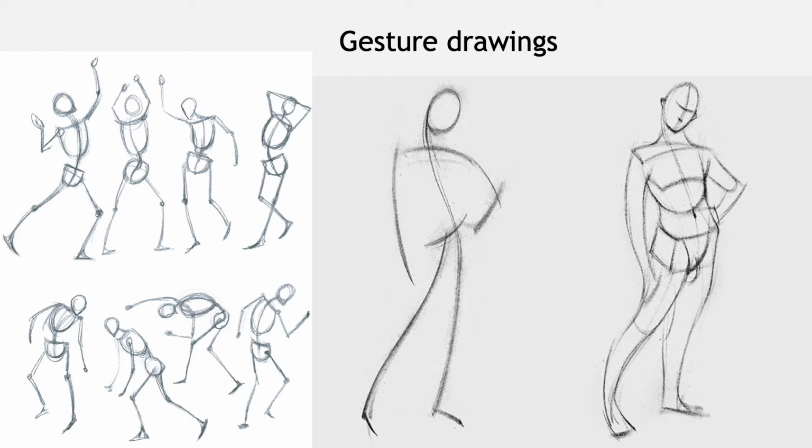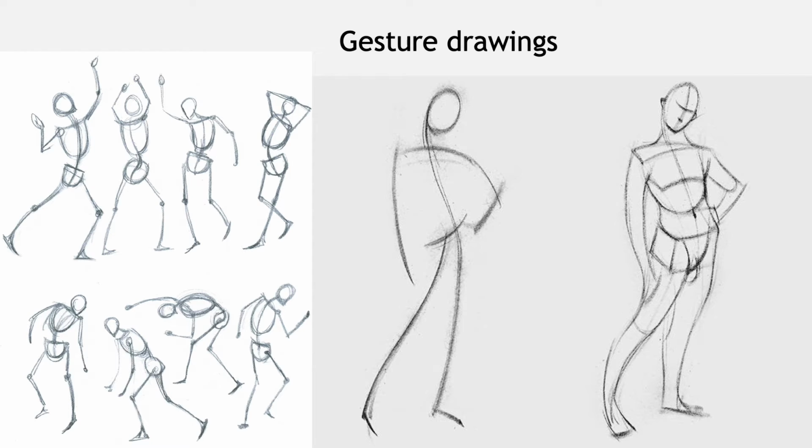So the first is gesture drawings, and this is a sketching method that artists use to quickly capture the essence of what it is that they're drawing. So it's most commonly used with drawings of the human body, however, it can be extended to other subject matter as well.